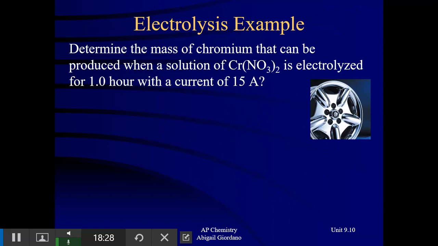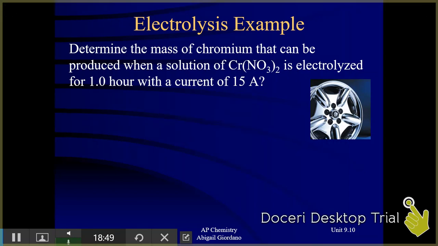So I'm going to show you an example. This question says, determine the mass of chromium that can be produced when a solution of chromium 2 nitrate is electrolyzed for 1 hour with a current of 15, and that capital A, guys, stands for amps, amperes.